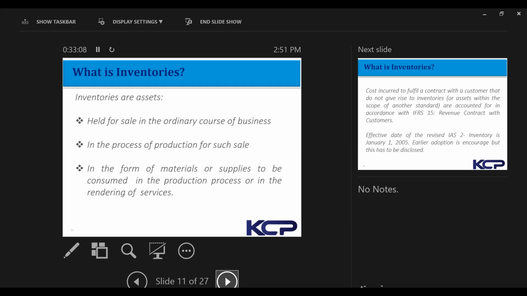The unused portion of our stationery qualifies as our inventories, because we acquired it with the intention of using it up as we produce or render our services. So all of these could qualify as assets within the scope of IAS 2. As simple as it appears to be, it can be misinterpreted. Do you understand? Yes.